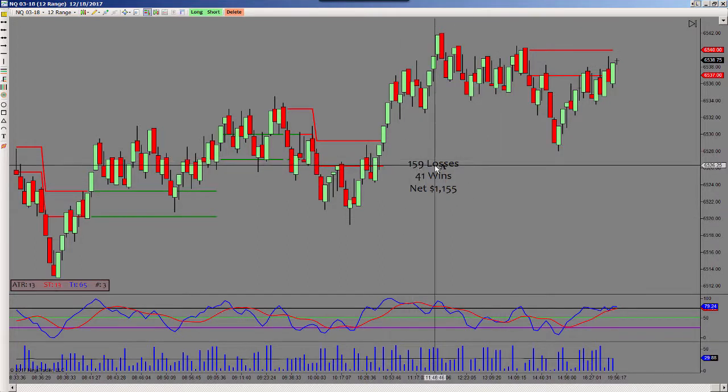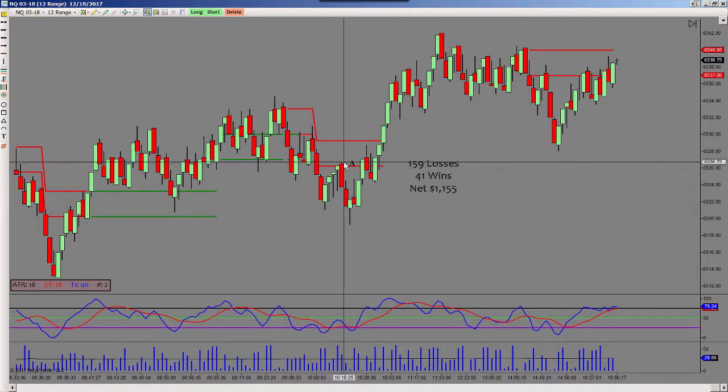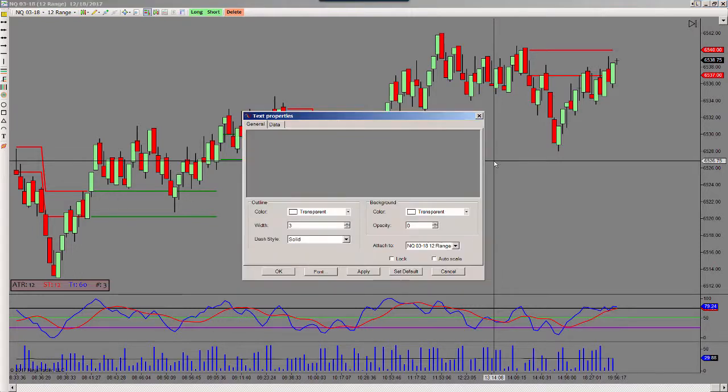Again, this is on the 12 range using a 12-tick stop, 60-tick target. So then I started thinking, one thing that I was getting really frustrated with on just testing this strategy is because I'm using a 12-tick stop, I can sometimes get stopped before price even hits the top of this bar, right? So I said, let me go down to a 10 range and maintain a 12-tick stop.